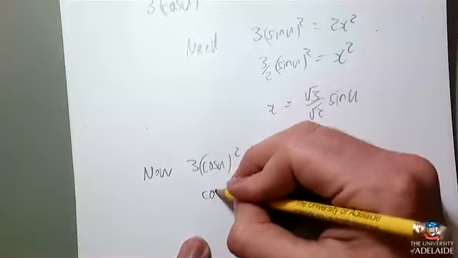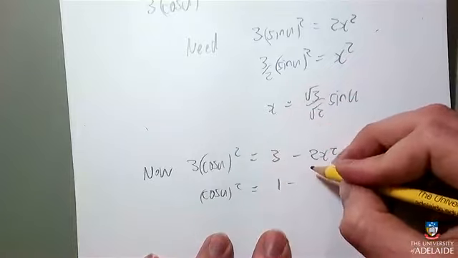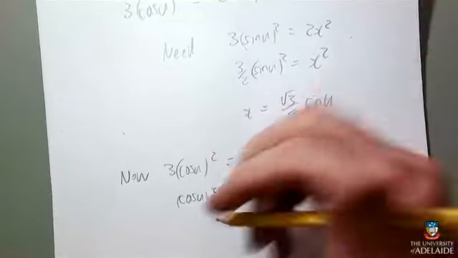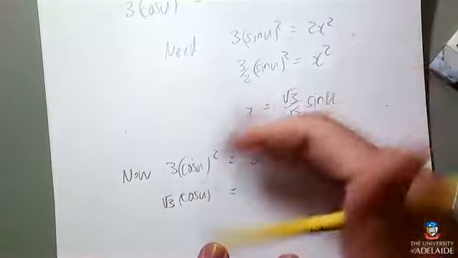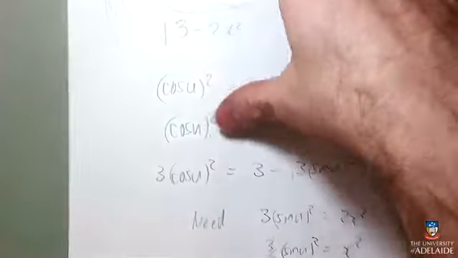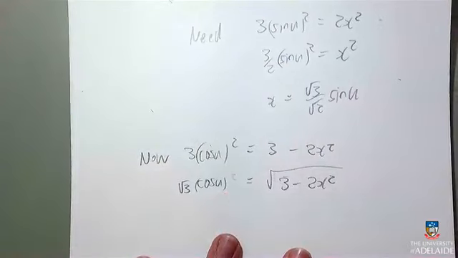And so when I take the square root of both sides, this thing in the integral can be directly replaced with root 3 cos u. Which is the whole point of trig substitution.